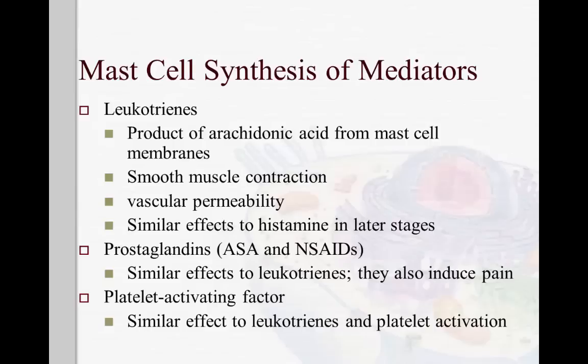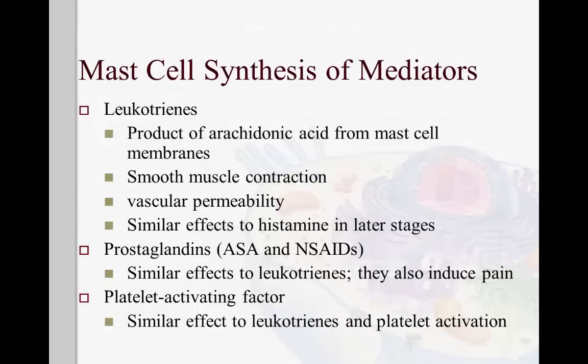Angiogenesis is the production of new blood vessels to produce that vasodilation and vascular permeability that we need. In addition, there is release of other mediators, which are leukotrienes, prostaglandin, and platelet activating factor. Remember that with the activation of the coagulation cascade, there's also migration of platelets to the area of infection to produce that clot.